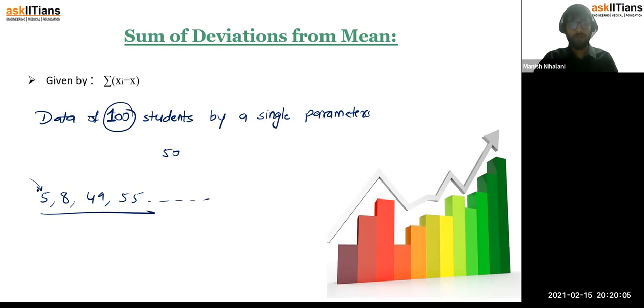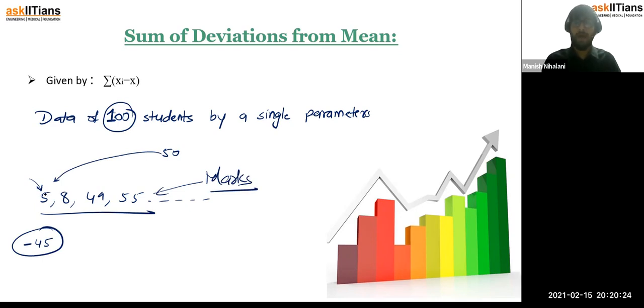So you would say this 5 is 45 units away from the mean, 45 units less than the mean. If these are the marks of those students, you would say this student has scored 45 marks less than the average marks scored by the 100 students, right?